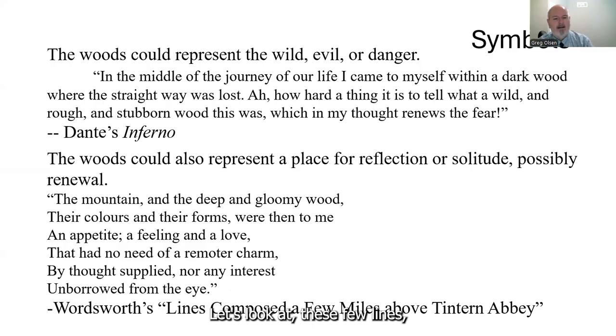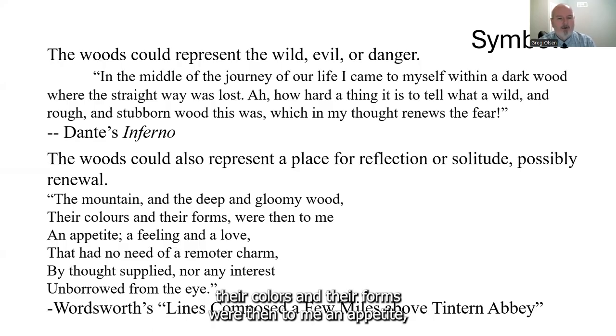Let's look at these few lines. "The mountain and the deep and gloomy wood, their colors and their forms, were then to me an appetite, a feeling and a love that had no need of a remoter charm, by thought supplied, nor any interest unborrowed from the eye."